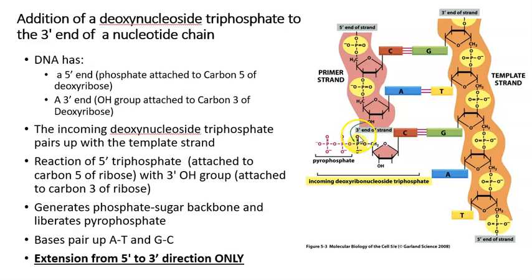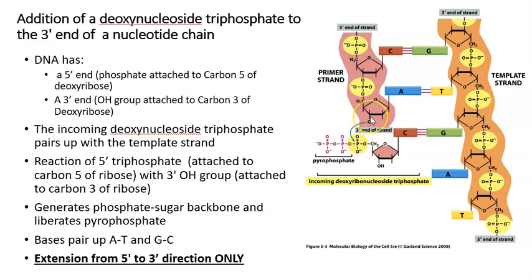And that bond creates a new phosphodiester bond, which is part of this phosphate sugar backbone. So the important thing to be aware of is that DNA can only be extended in a 5' to 3' direction. That is, 5' is a start and the DNA polymerase will head towards the 3' end, constantly adding nucleotides at this 3' end as a result of this OH group reacting with this phosphate group.